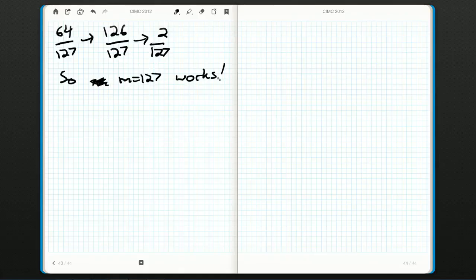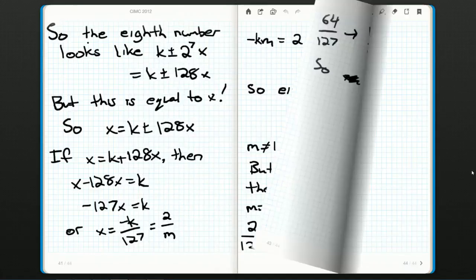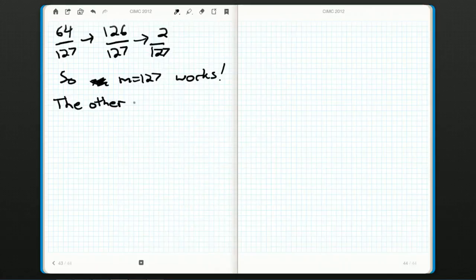All right, and that was the only one that came about when we chose plus 128x rather than minus. So we still have another case to work out. x equals k minus 128x. So let's work on that now. k minus 128x.